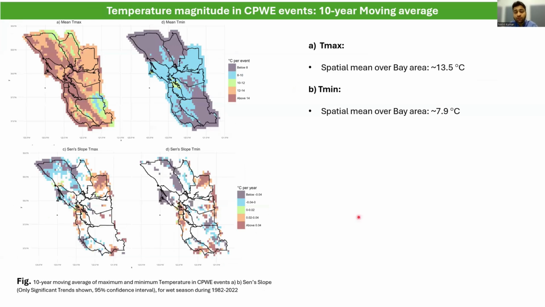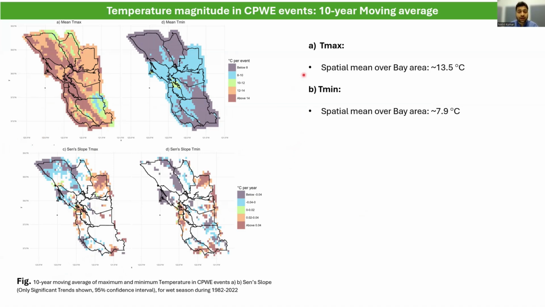So moving on further, we also calculated the temperature magnitude during these events. This figure shows the 10-year moving average of maximum and minimum temperature during these events for the wet season during 1982 to 2022. The first row shows the mean maximum temperature and the mean minimum temperature, and the second row shows the Sen's slope.